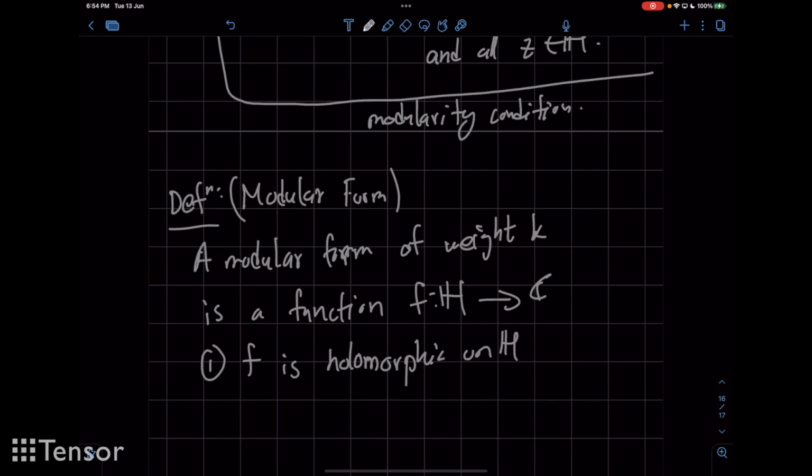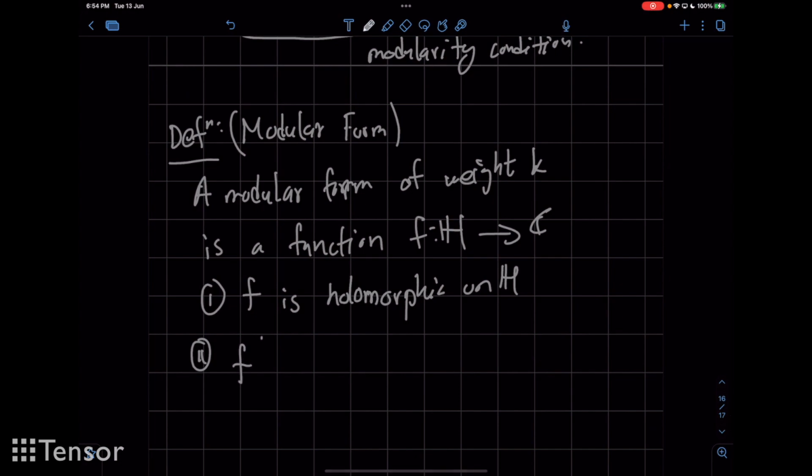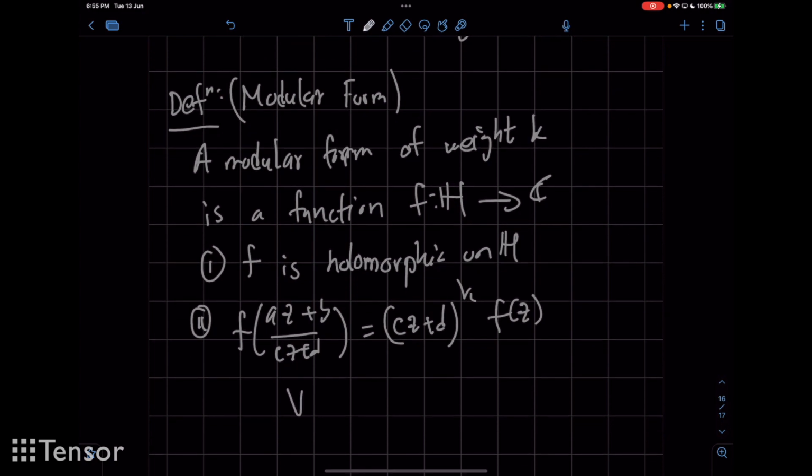The second one is the modularity condition, that is f of (az plus b) over (cz plus d) is equal to (cz plus d) to the power k times f of z. And this has to be true for all a, b, c, d in SL2Z and z in the upper half plane.